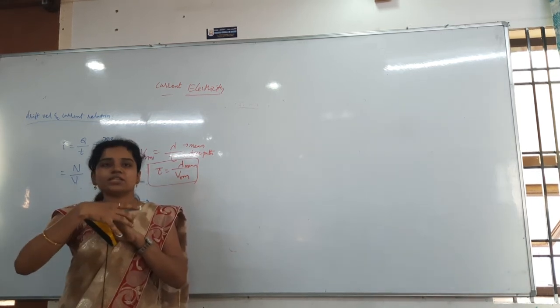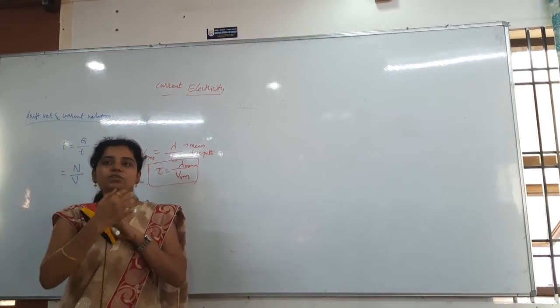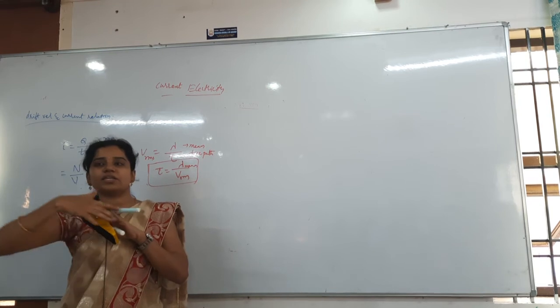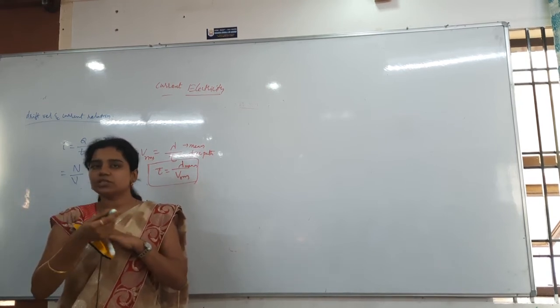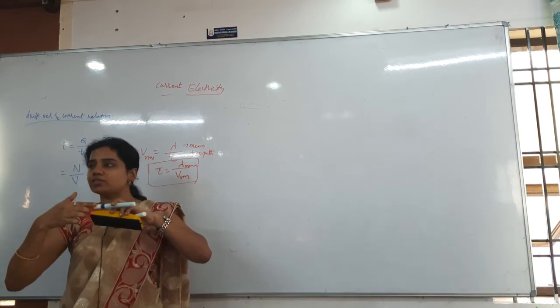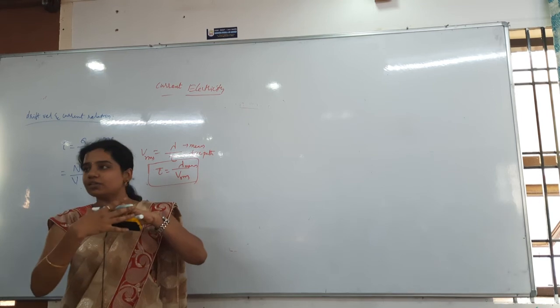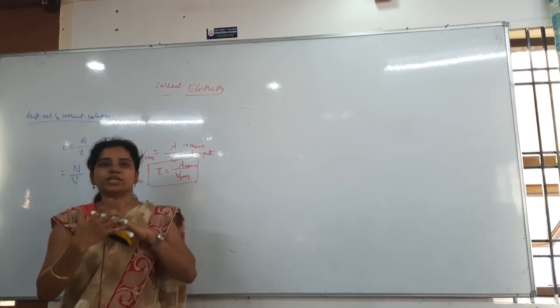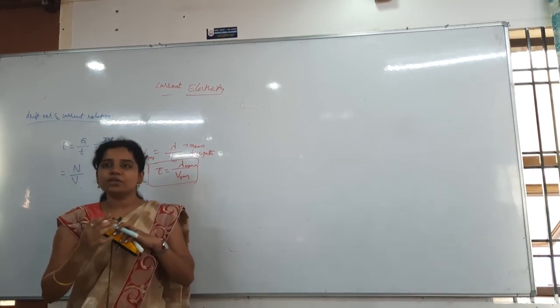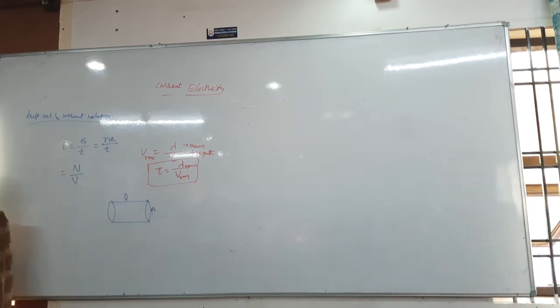For the entire conductor, what do I have to consider? Volume only. One cross section is A, and how much length is there here? L length. In that length there are that many cross sectional areas. So along the length you have to consider A, which is always volume. Area into length is nothing but volume. So here small n indicates the number of electrons per volume.